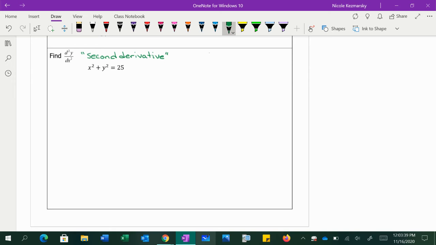And with the second derivative, what we're doing is we're taking the first derivative, which looks like dy dx, and we're taking the derivative of the derivative. So I'm going to use this derivative notation that says take the derivative of the derivative. Well, if I look at the top here, I have a d and a y. And in math, when we have two things multiplied together, we square it.